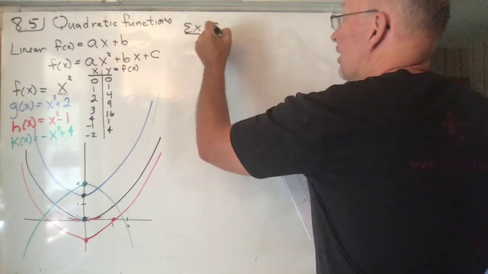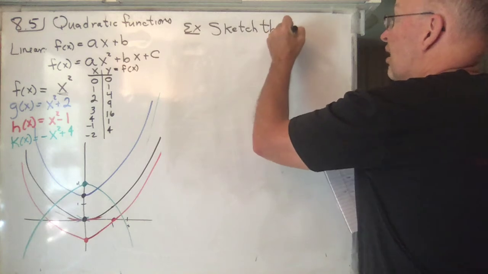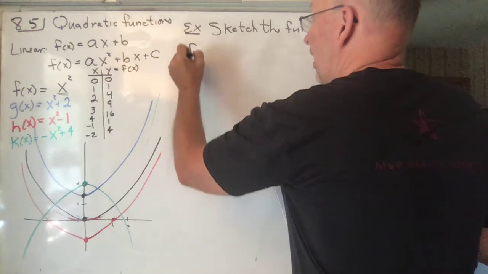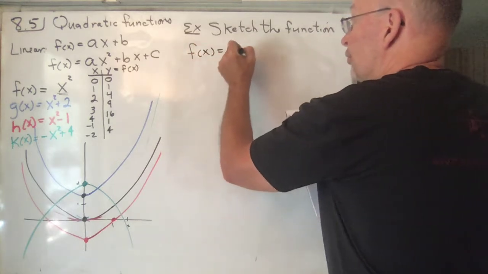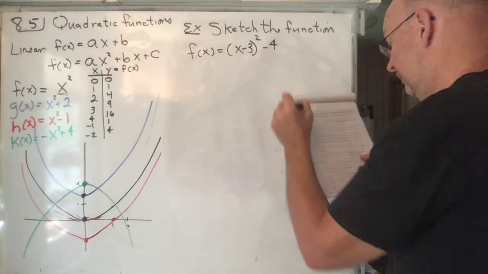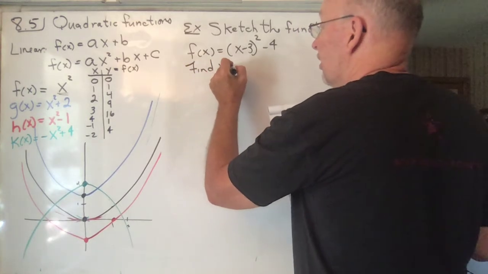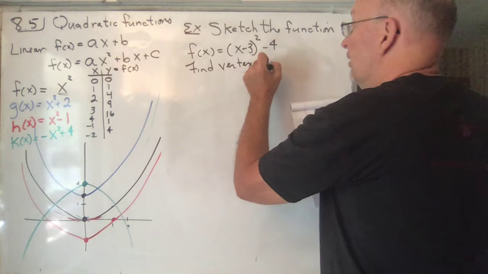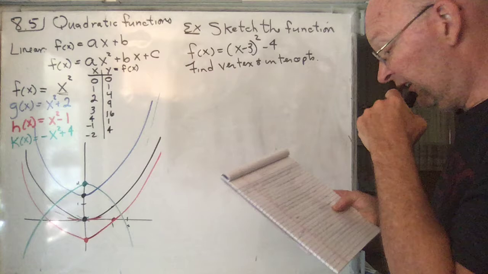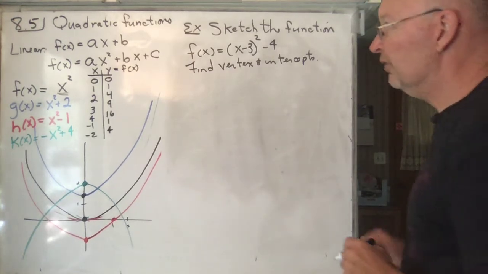Sketch the function f of x is equal to quantity x minus 3 squared minus 4, and find the vertex and intercepts. By the intercepts, I mean the places where it crosses the x-axis and the y-axis. Okay, so let's do it.